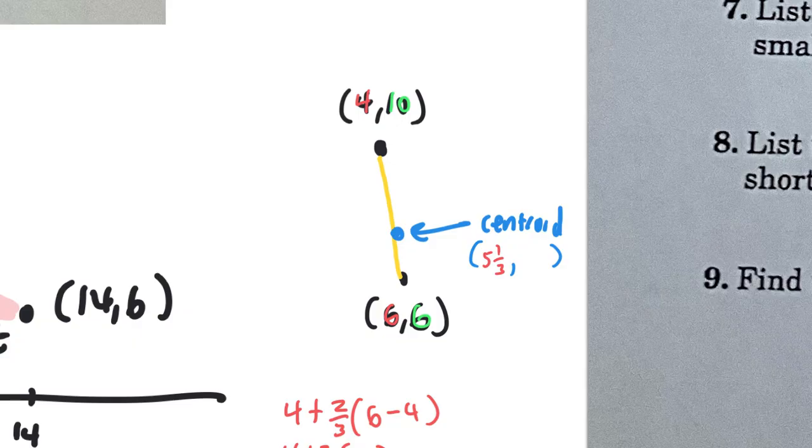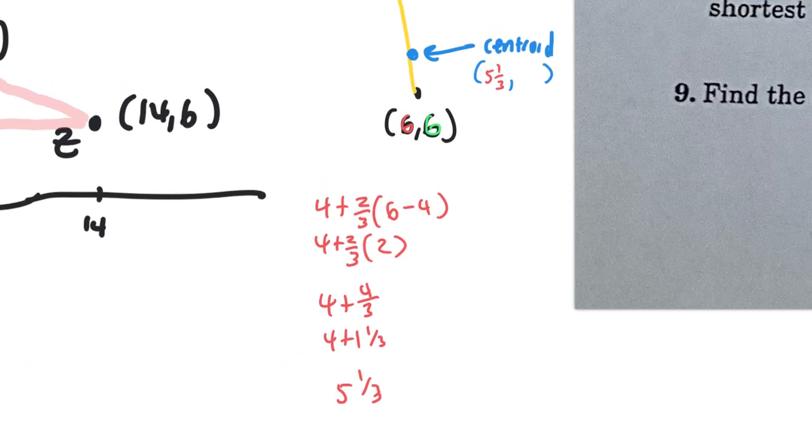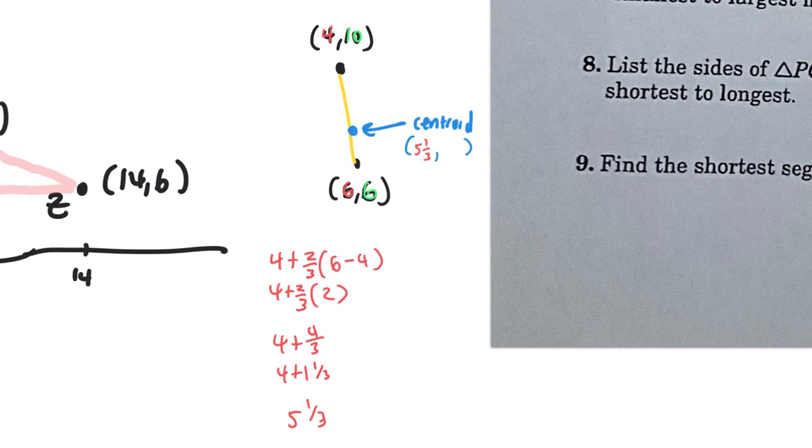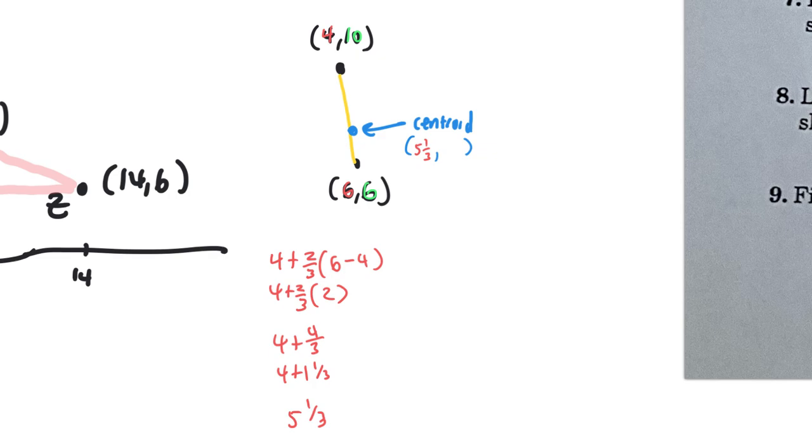So it will be the same process for this. Now, let's make a note. When I said the difference between the x coordinates before, I took the x coordinate of the rightmost point and I subtracted the x coordinate from the leftmost point. This point is slightly to the left of this point. Well, it's going to be the same thing.